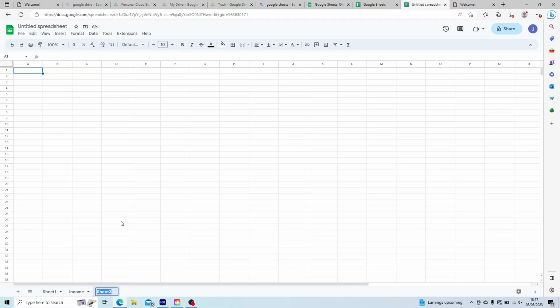Now this sheet is going to be our outgoings. I initially called it non-negotiables because I was going to put non-negotiables and negotiables on two pages, but I changed my mind in a minute.